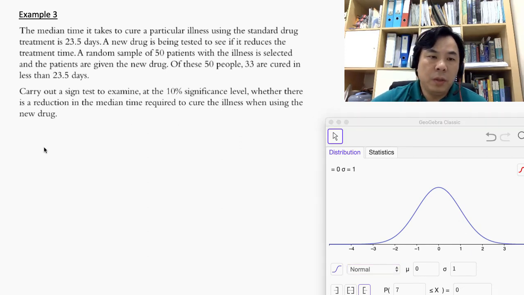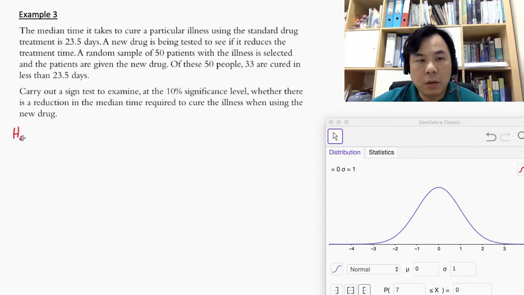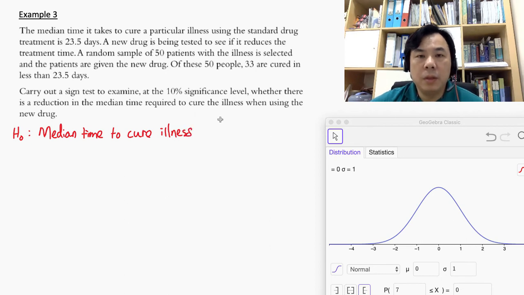As usual, we're going to start off by stating our null and alternative hypotheses. First of all, the null hypothesis states that the median time required to cure this particular illness is 23.5 days.